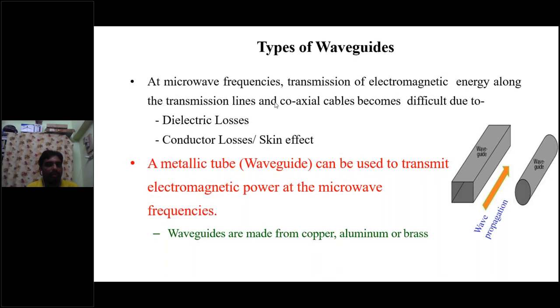But what are the problems we face if we want to transmit at those frequencies in coaxial cables? The first is dielectric losses, and the second is conductor losses or skin effect losses. The electromagnetic signal propagated in that coaxial cable has a frequency greater than 1 gigahertz, and it is not transmitted properly.